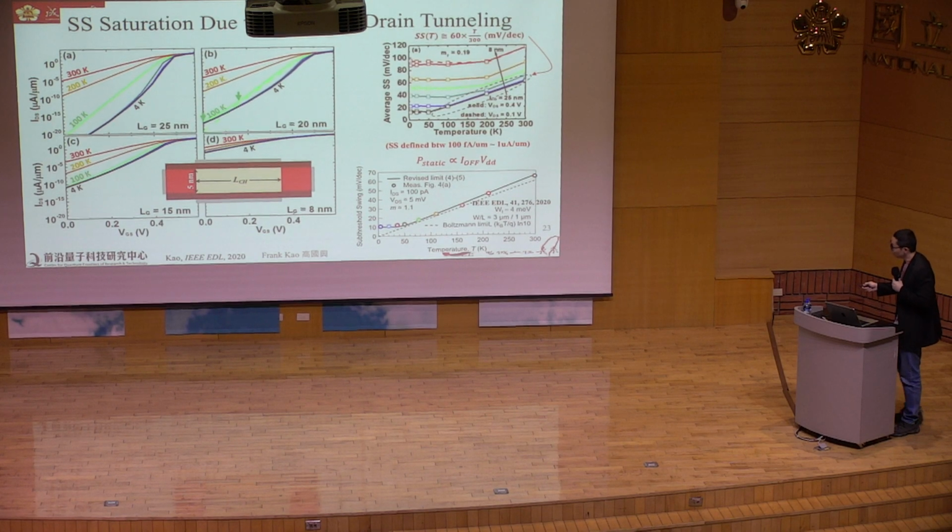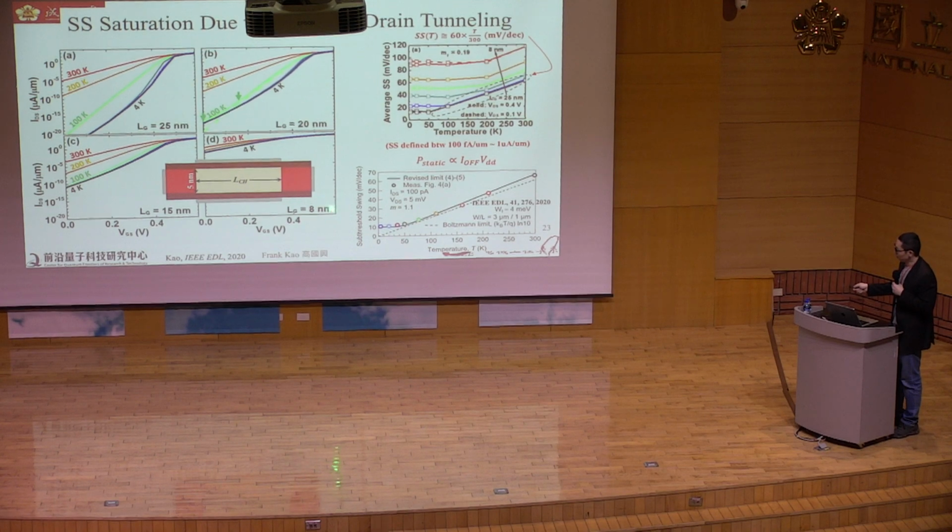This is the result. When your channel length is long, as you can see, the subthreshold current can be decreased by reducing the temperature. And if you extract the subthreshold swing I mentioned before, for this channel length at different temperatures, you can see the result here. So you can scale down the subthreshold swing almost perfectly with decreasing temperature.